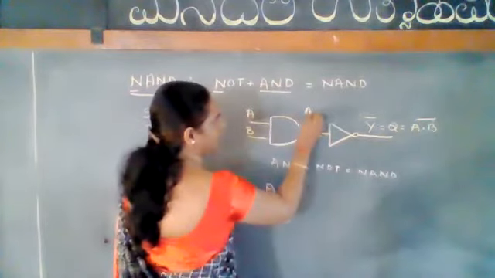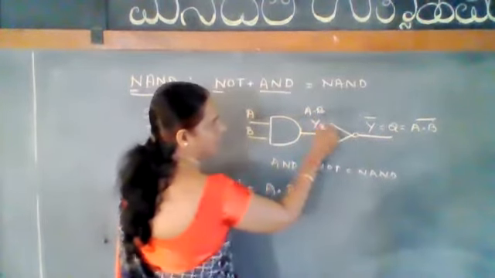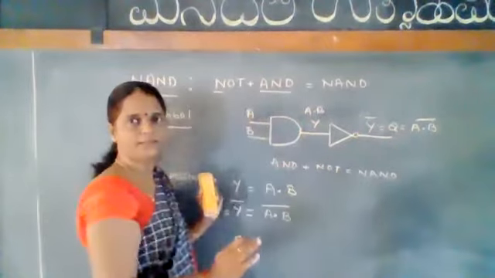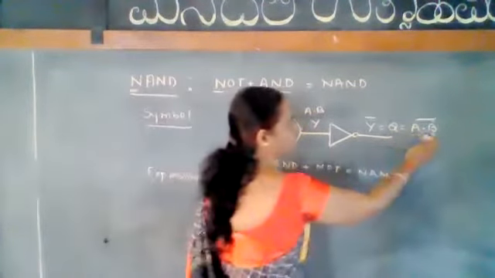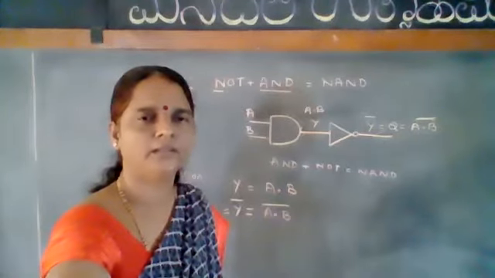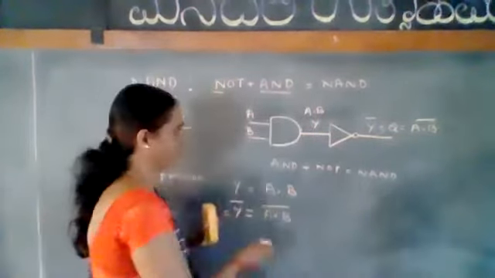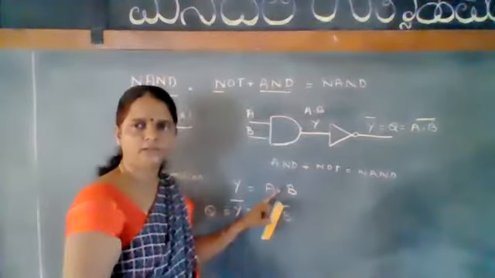Up to here it is A dot B. Now this A dot B is complemented or inverted, so the output becomes A dot B complement.